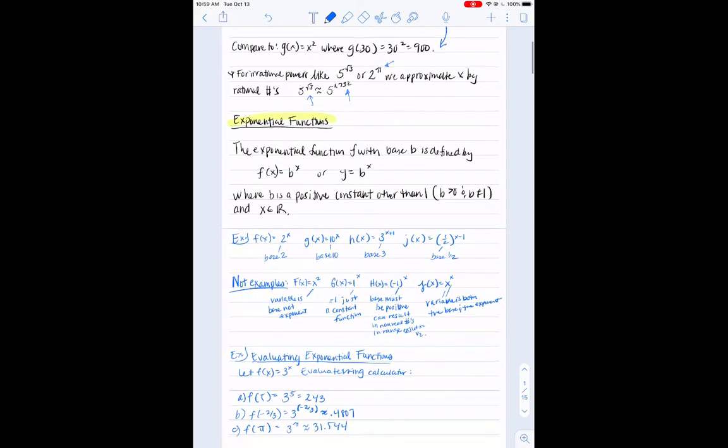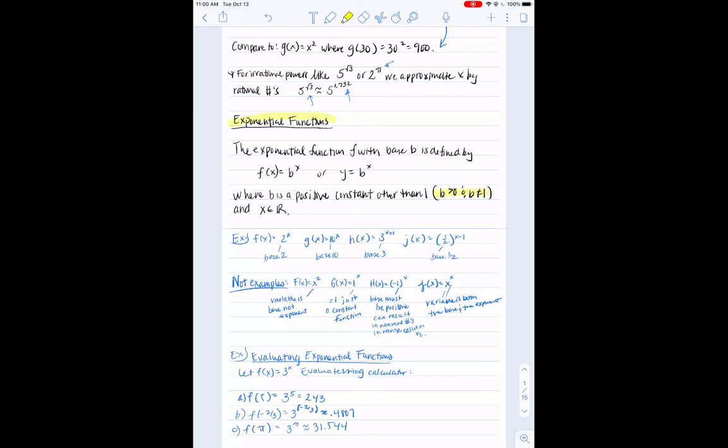Okay, so for exponential functions, the exponential function f with base b is defined by f of x equals b to the x, or y equals b to the x, because our f of x and y are the same. Where b is a positive constant other than 1, so we have b is greater than 0, and b is not equal to 1, and our x is in the reals.